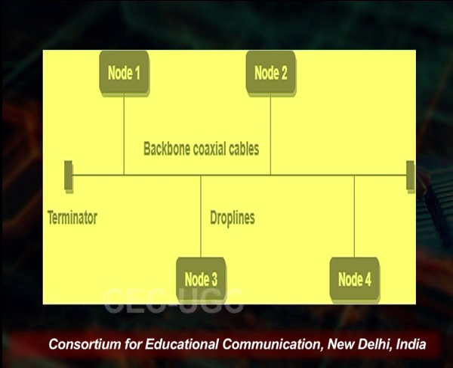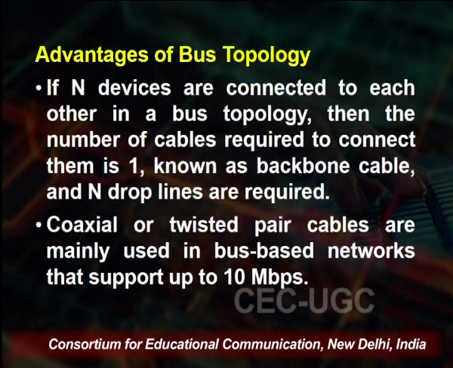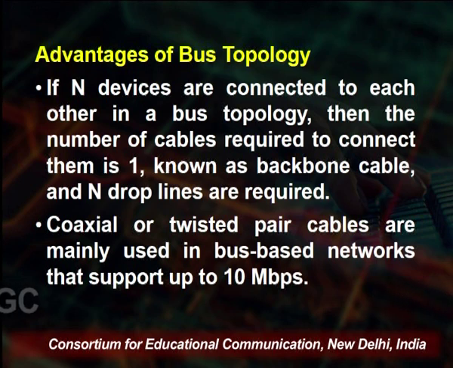Moving further, let us look into the advantages of bus topology. If n devices are connected to each other using a bus topology, then the number of cables required to connect them is 1, which is the backbone cable. And definitely n drop lines are also required, because the drop line is the line of connection between the backbone cable and the device.